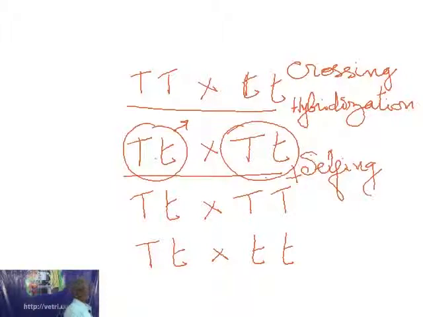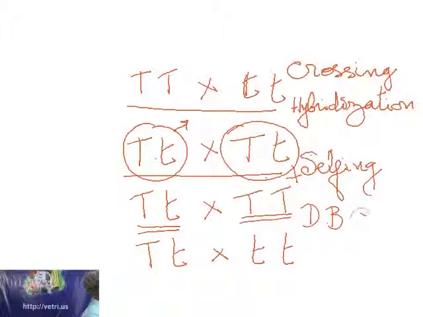Now, when this F1 hybrid is crossed to its dominant parent, what is this called? This is called a dominant backcross. When a hybrid is backcrossed to its recessive parent, you call it a recessive backcross.